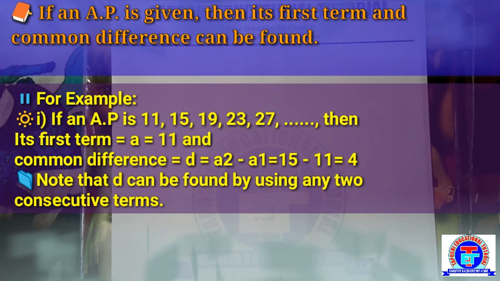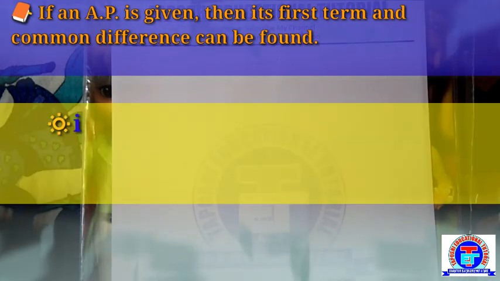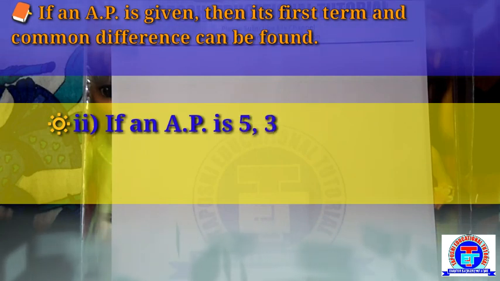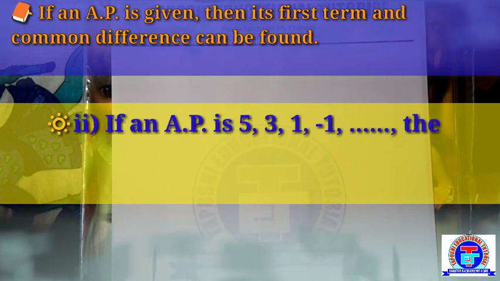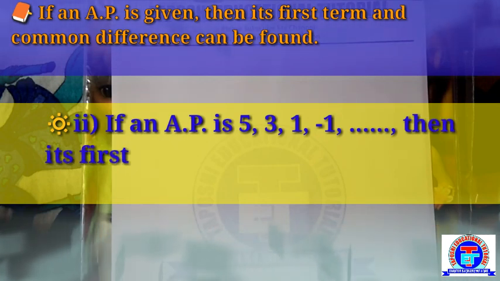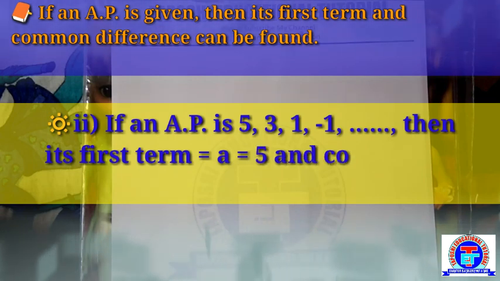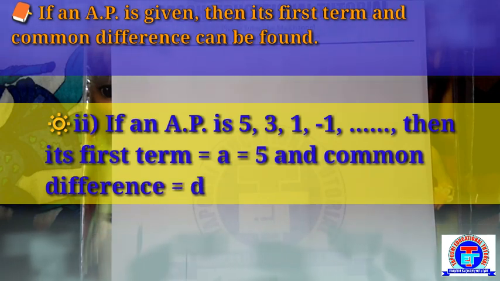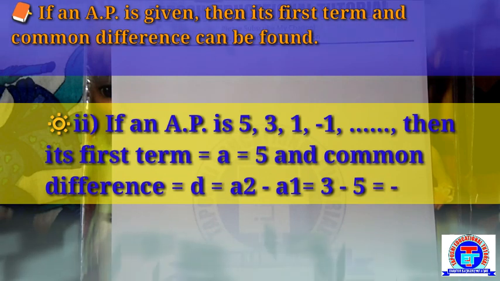Note that D can be found by using any two consecutive terms. Number 2, if an AP is 5, 3, 1, minus 1, and so on, then its first term A is equal to 5 and common difference D is equal to A2 minus A1, which is 3 minus 5, equal to minus 2.